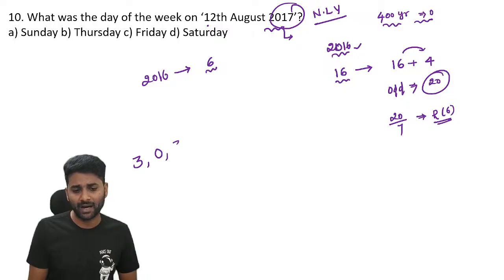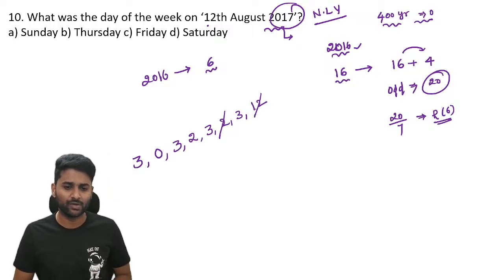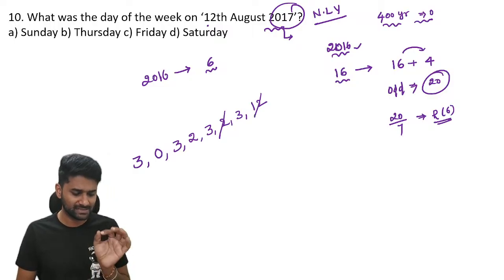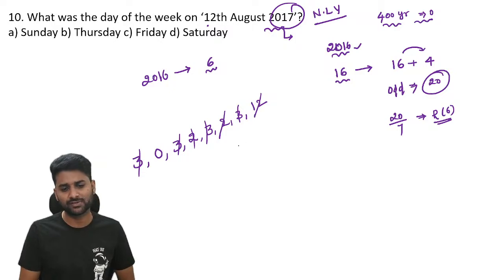March again gives 3. Then April, May, June, July, and August 12 we needed. Let's go through that. 12 and 2 sum to 14, which means again a 0 cycle. Again see, 1, 2, 3, 4: 4 times 3 is 12, 12 plus 2 is also 0. So there are no odd days left.